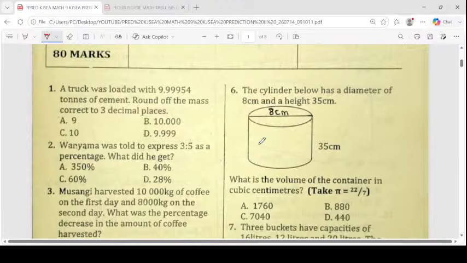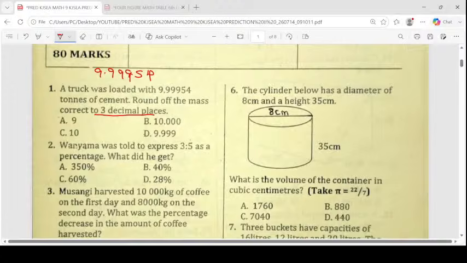Round off the mass correct to 3 decimal places. So how do we perform the rounding off? When you have the number 9.99954 and the question tells you to make sure your answer is exactly correct to 3 decimal places.